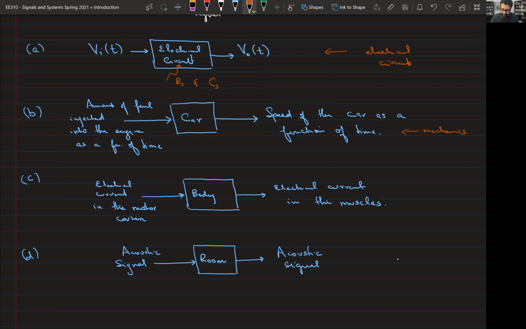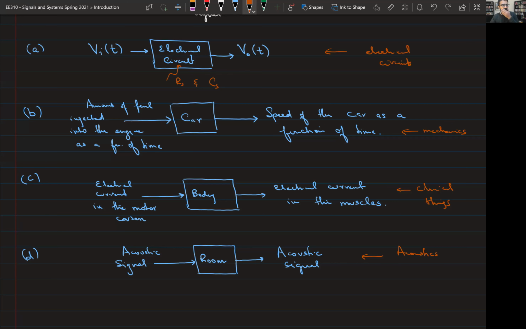This is some clinical thing, and this is some acoustic thing, right? So all of these 4 examples, okay, I think you can't see my screen. Okay, give me a minute.